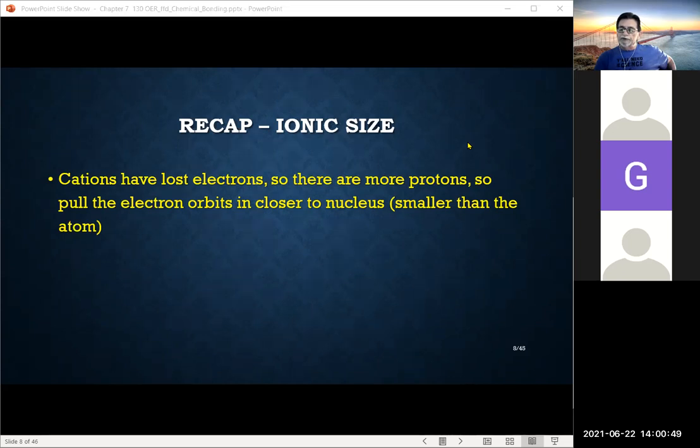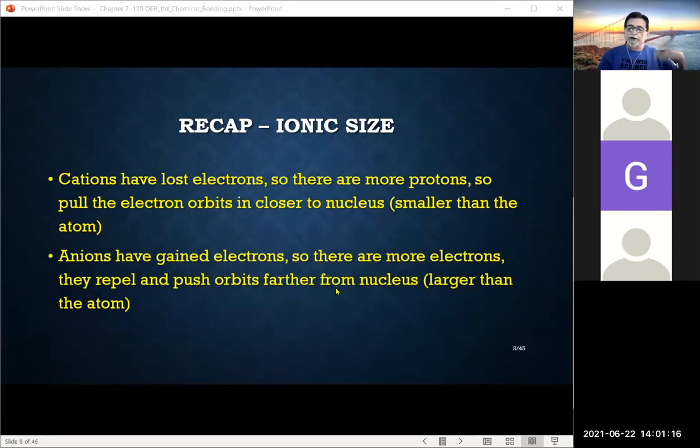So the result is this: not only have they lost electrons, and if those electrons were in the outermost shell, that outermost shell is now empty. What's left over are fewer electrons, but more positives. So the force that attracts the positive protons and the negative electrons pulls them even closer. And so the diameter of the ion is much smaller than that of the element.